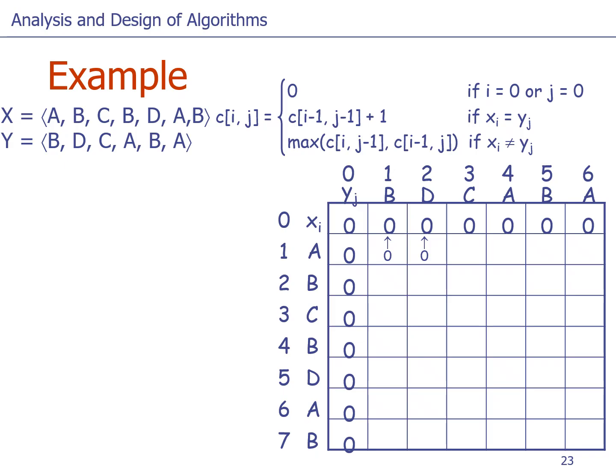What I'm going to do next is match the A with D. But when I match the A with D, I'm not matching just A with D; remember, I'm matching A from X with BD.